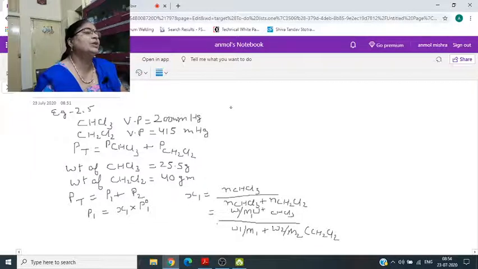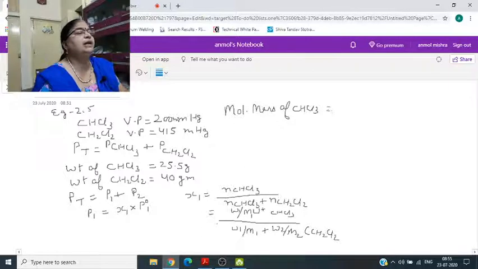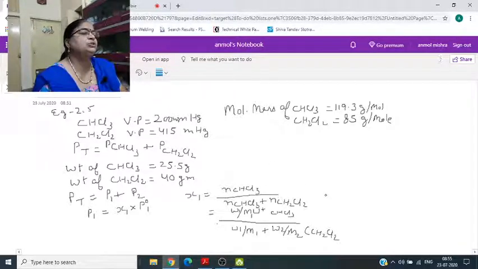Now the molecular mass of chloroform is 119. This I assume that everybody knows how to calculate. Then CH2Cl2 is 85 grams per mole. So substitute the values.